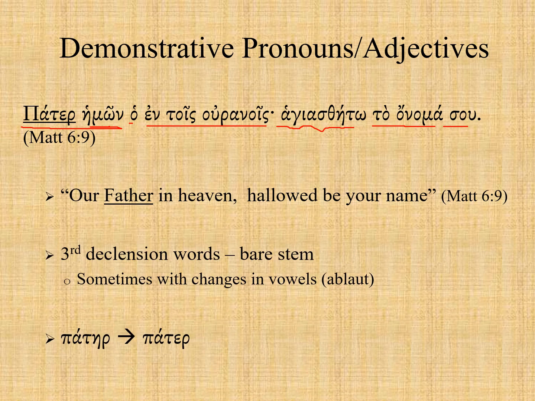So now you can see a third declension word often has a bare stem and has some minor changes. So in this situation, pater would become pater. So the only change here is the eta changes into epsilon.